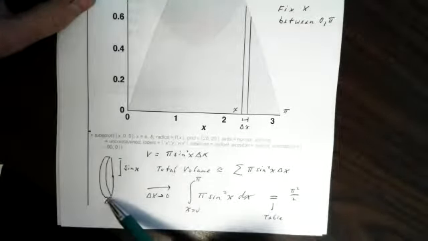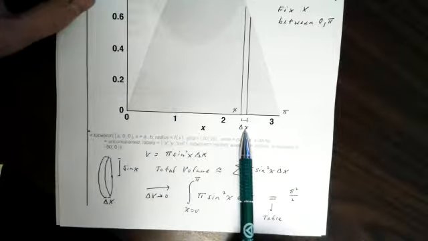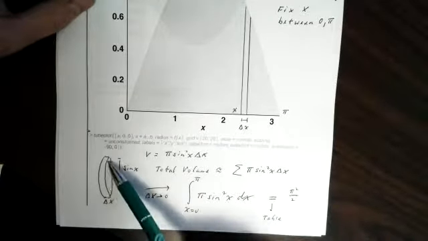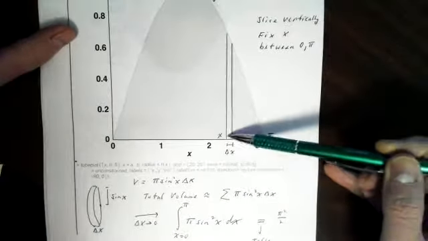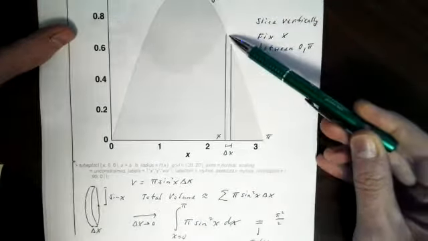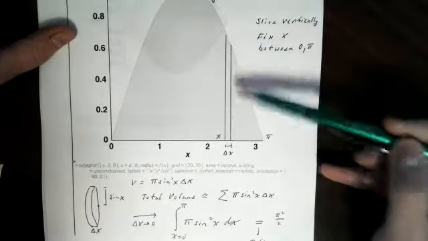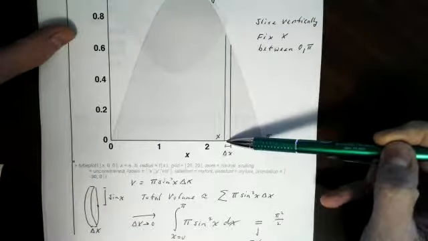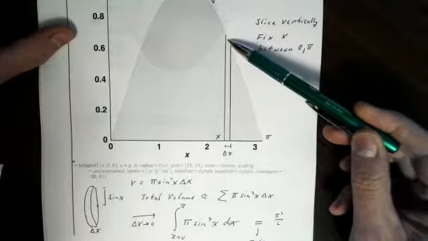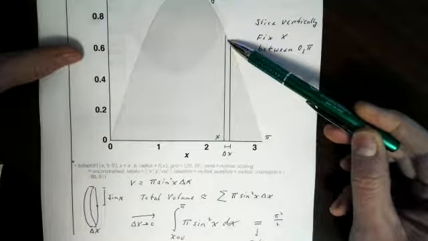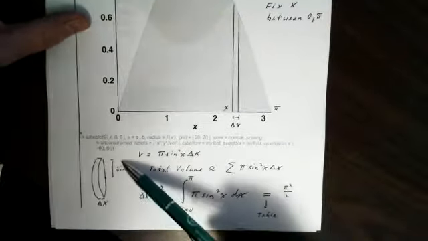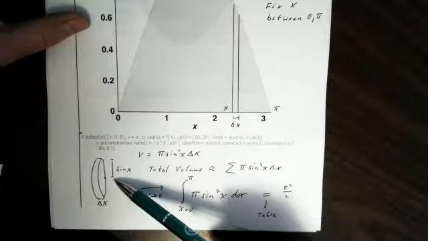The height of this cylinder is a small change in x, delta x, and the radius of the cylinder, which I've denoted right here, is the vertical distance from here up to a point on the curve. Here y is equal to 0, and here y is equal to sine of x, whatever x might be. So the radius would be the sine of x.